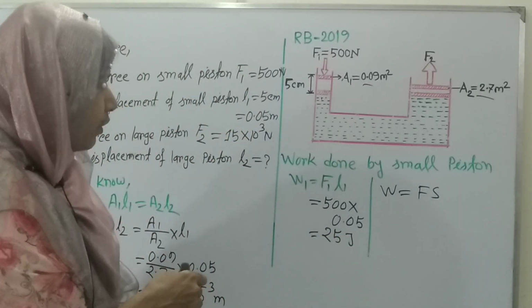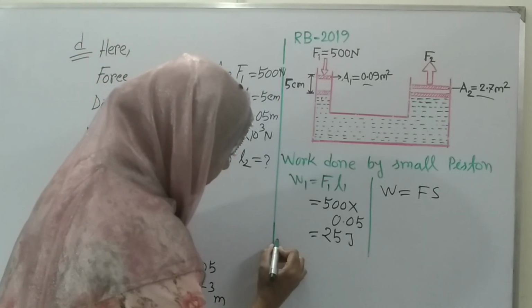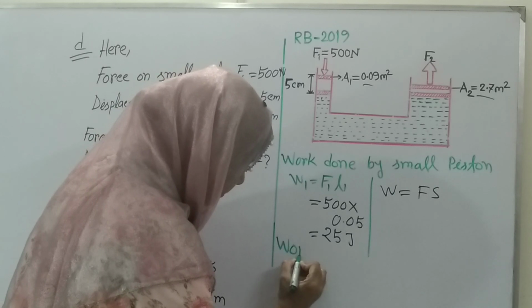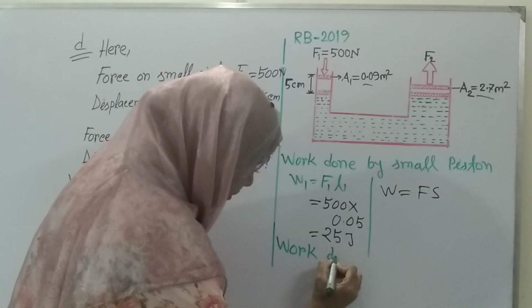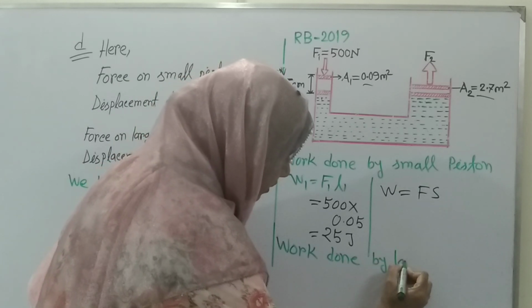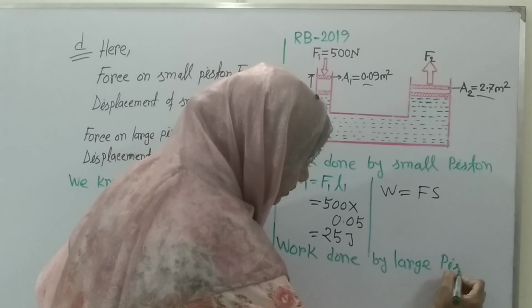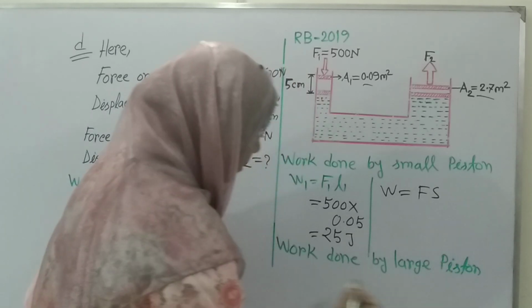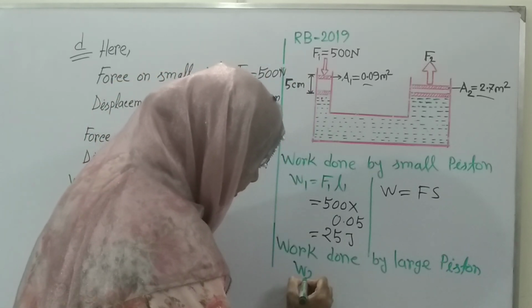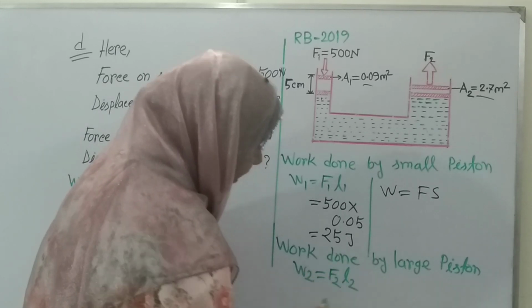Now work done by large piston, that is W2 equals F2 L2.